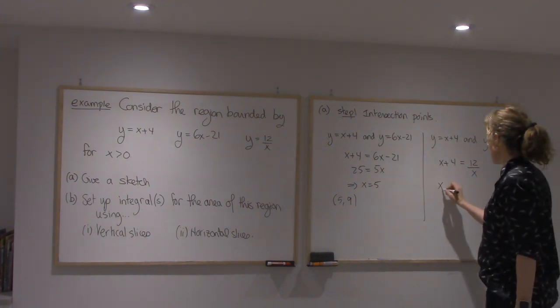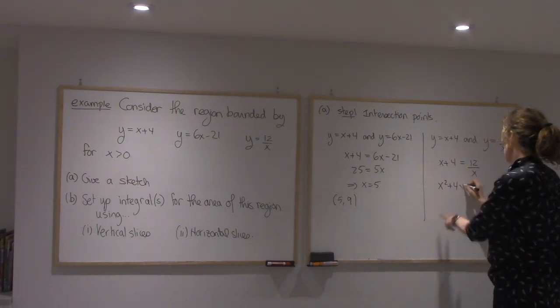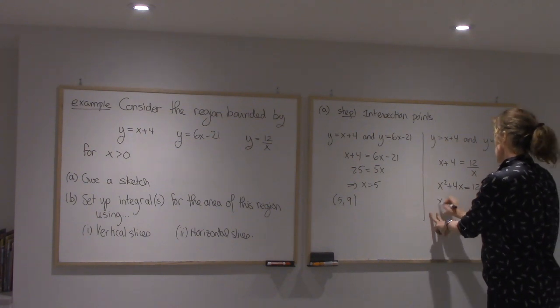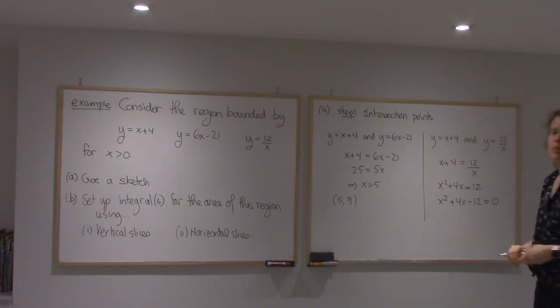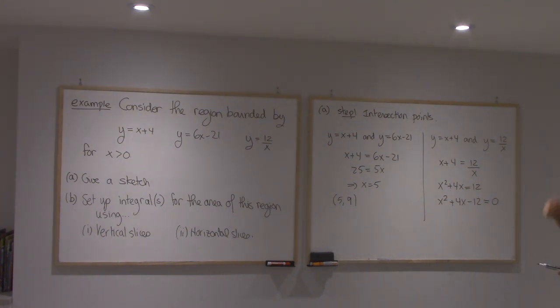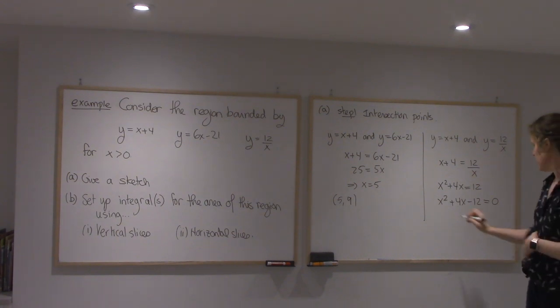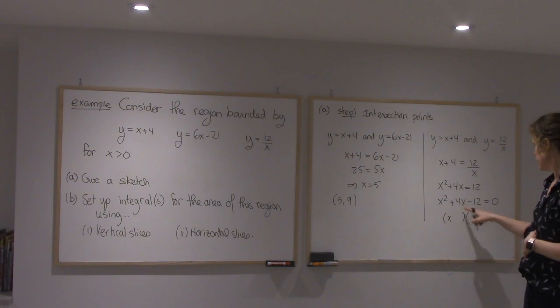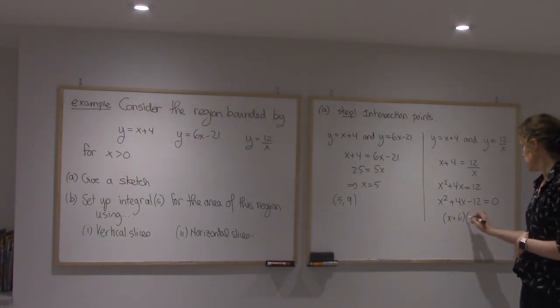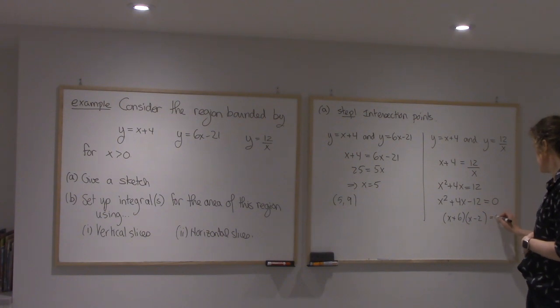If I multiply by x, I end up with this quadratic to solve, and so I'll get 12, 6 and 2 to get plus. I'm going to use plus here, minus here.